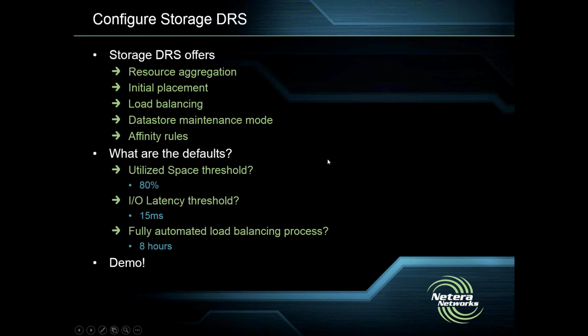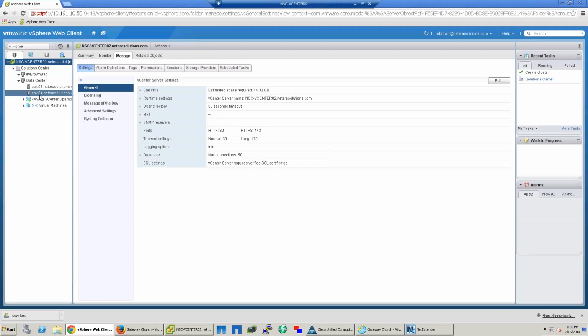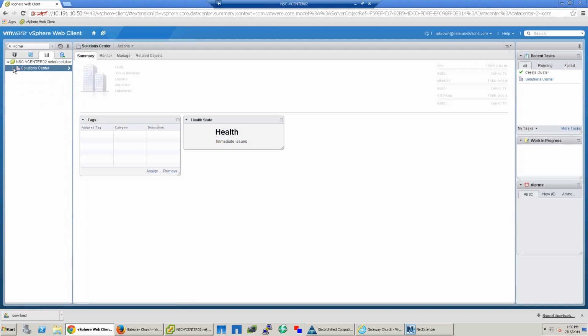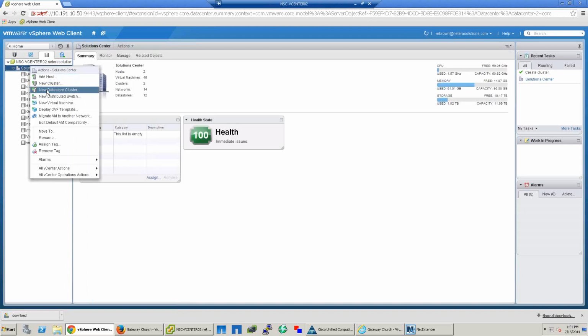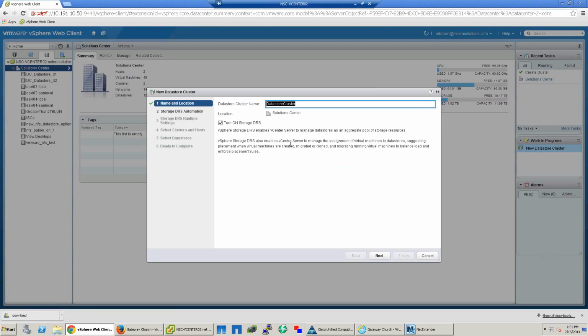All right, so let's do another demo. Let's go to data stores. Let's create a new data store cluster.